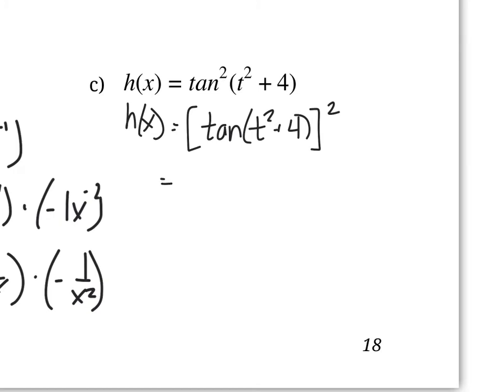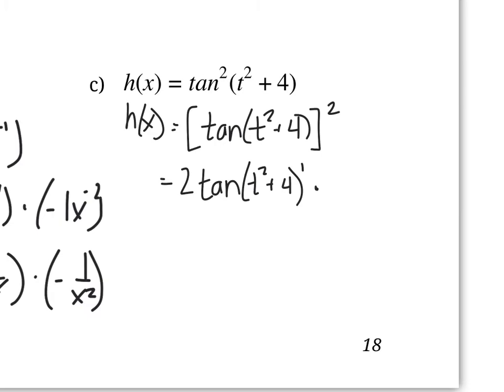We know we can bring down that 2 and write whatever's in the brackets without taking the derivative. And then what we have to do is multiply, and then the exponent obviously becomes a 1 here, so it doesn't matter. We have to multiply this by the derivative of what's inside the bracket. So the derivative of tan t squared plus 4.